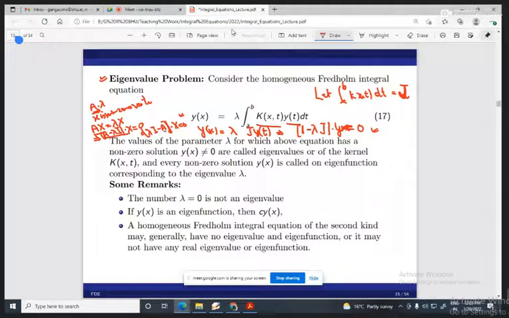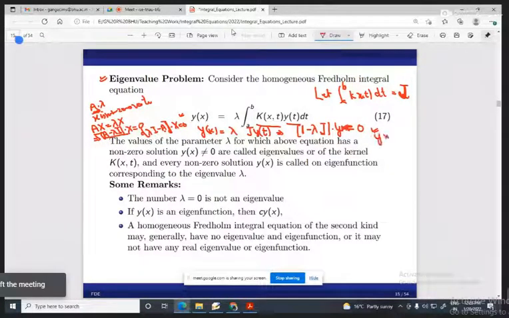Here A is a matrix. A matrix is nothing but one type of operator. Again, lambda is a scalar, J is an operator here, and y is a function.